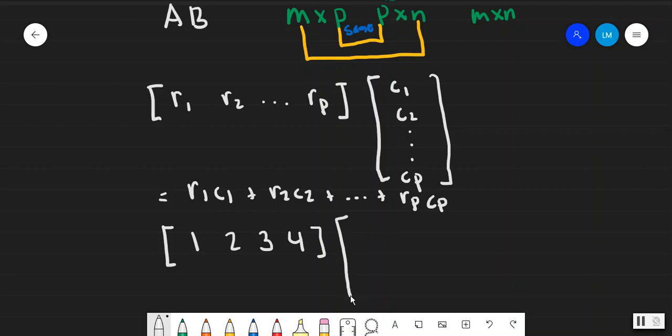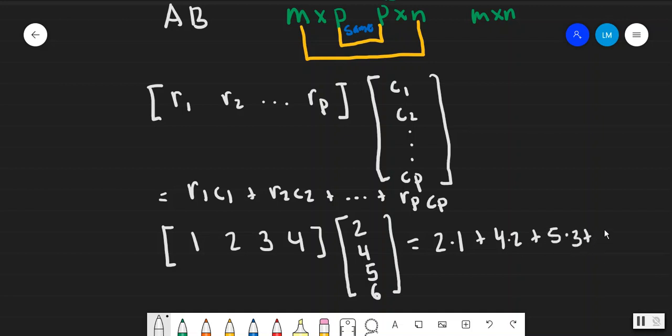So for example, if you have the entries 2, 4, 5, and 6, basically the multiplication that's going to happen is 2 times 1 plus 4 times 2 plus 5 times 3 plus 6 times 4.